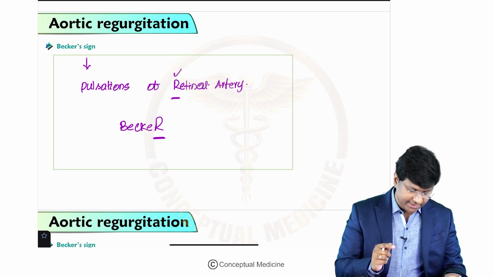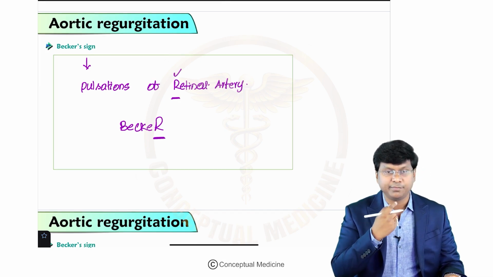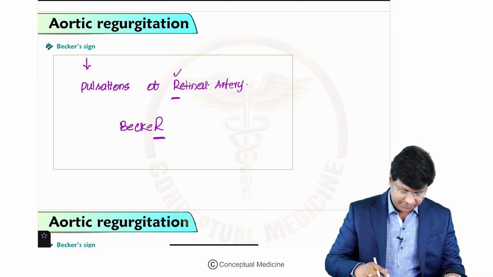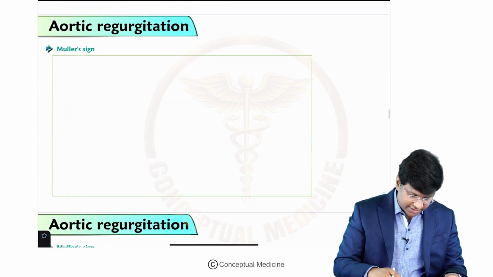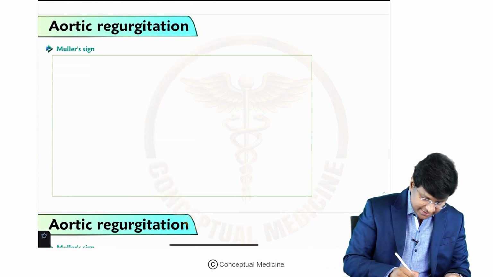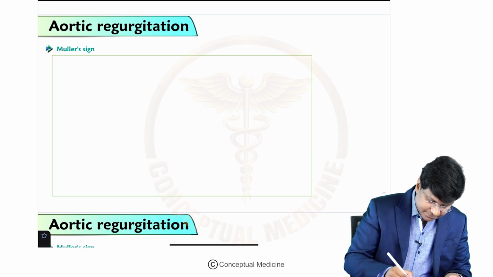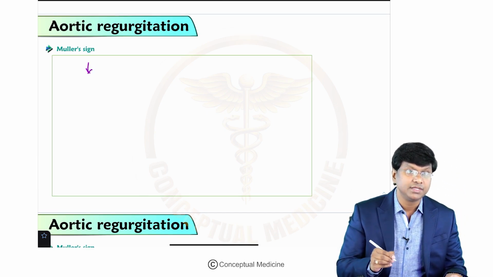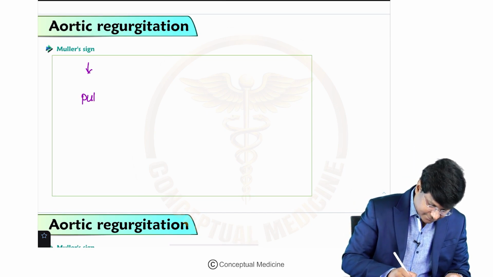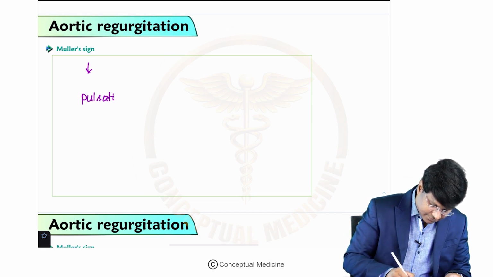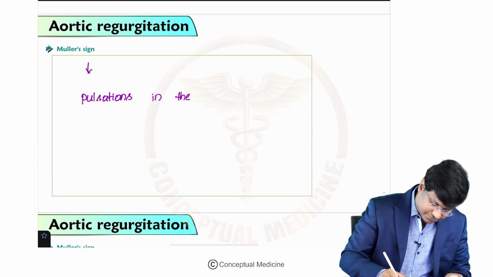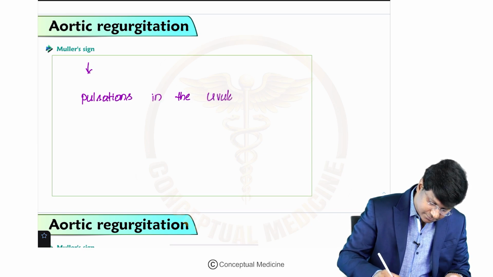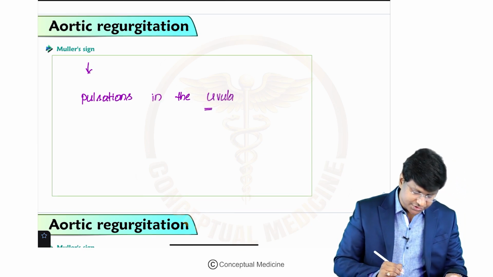Okay. And next, you have the very important sign within the mouth, and that is called the Muller sign. Now, what is Muller sign? Muller sign is pulsations in the uvula.